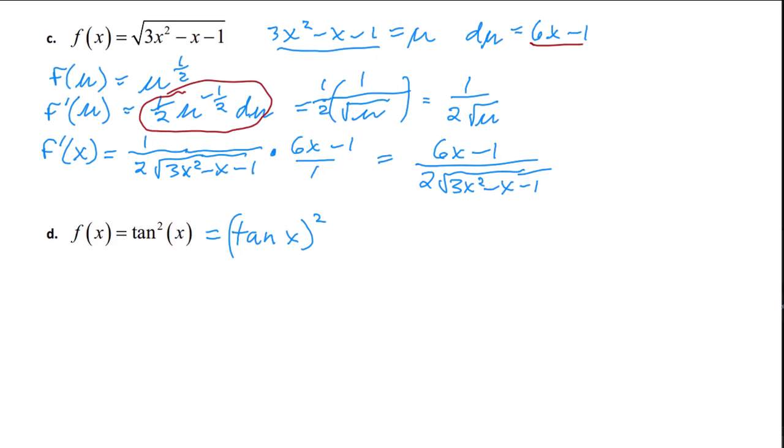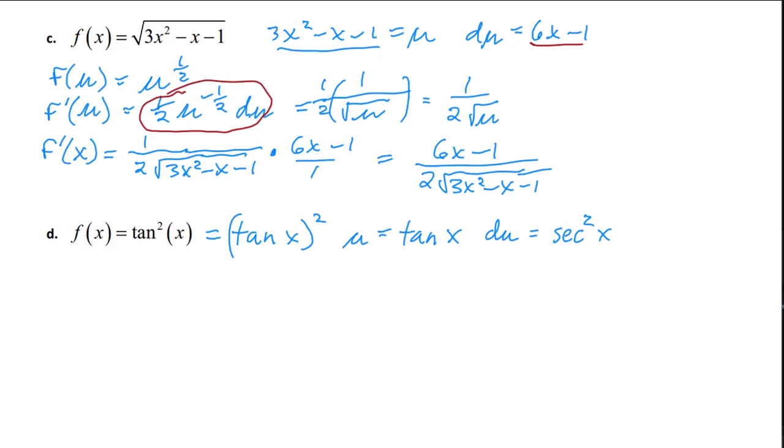All right, so what's the inside part here? Well, the tan x. So I'm going to let u equal tangent of x. What's du? Well, if I just gave you this problem, f of x equals tan x, you wouldn't have any problem going, all right, well, the derivative of that is going to be secant squared x.